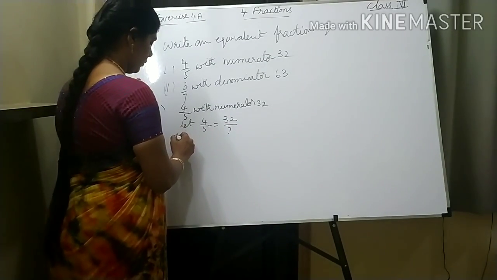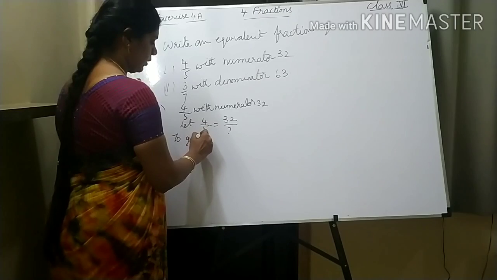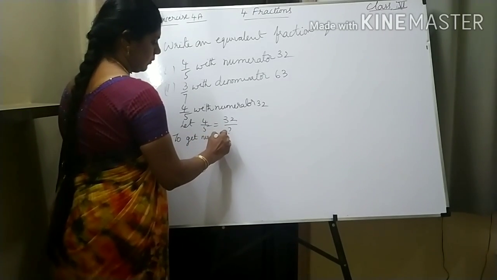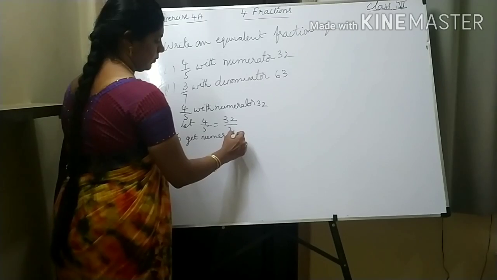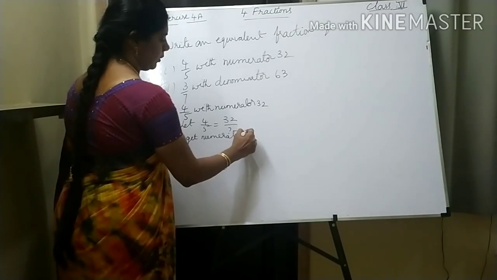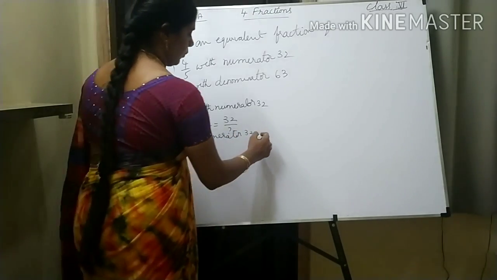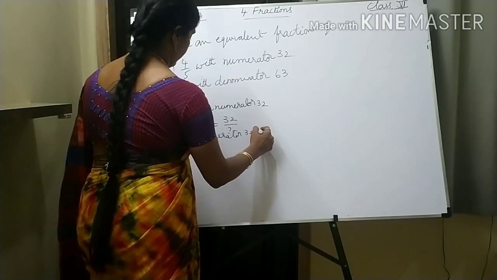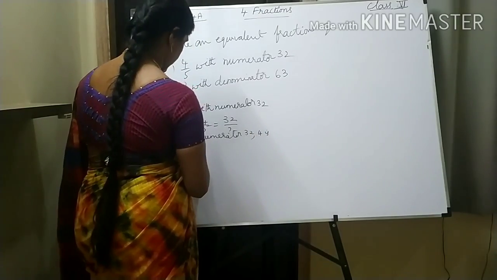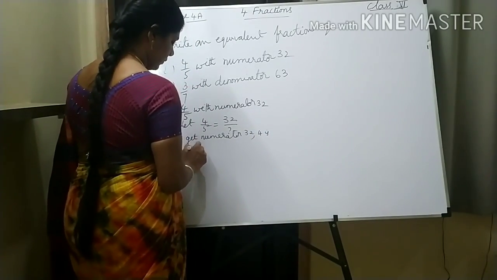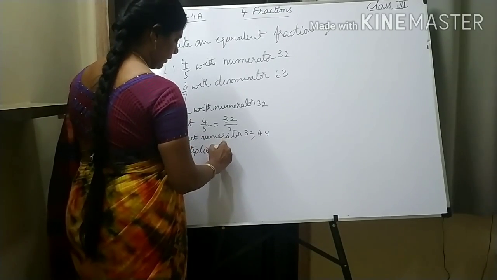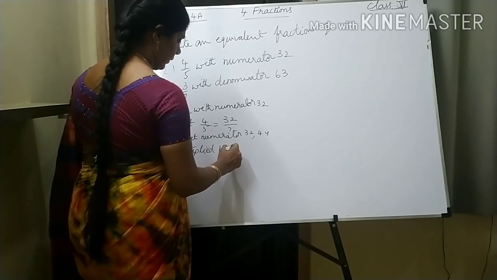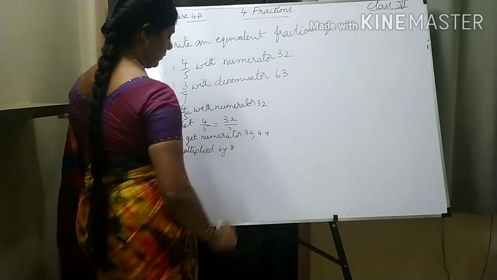So to get numerator 32, 4 is multiplied by 8.